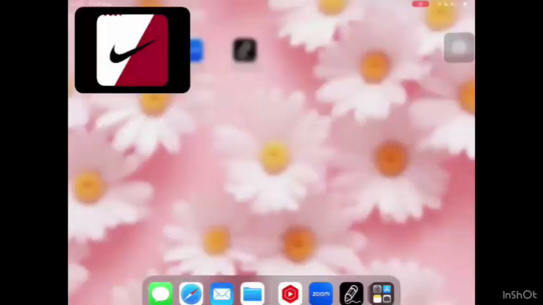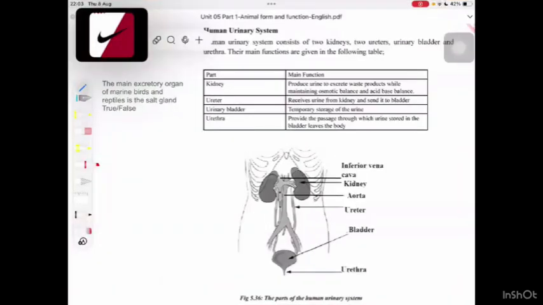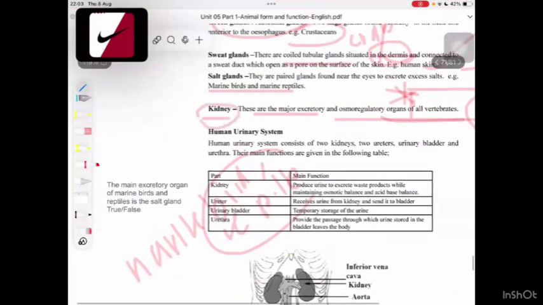False. Yes. Why? Because marine birds are also vertebrates, right? Birds and reptiles are vertebrates, right? So their main excretory organ is the kidney, not the salt gland. That person got this wrong actually. She has written, they have asked what is the main excretory organ, and she has underlined it as salt gland. But no, it's the kidney, right?